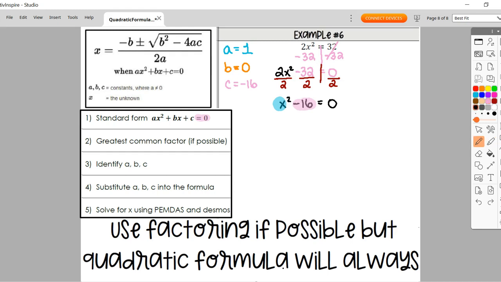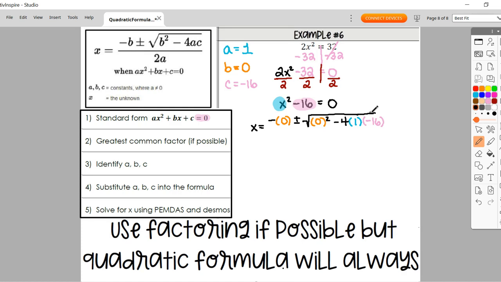We go ahead now and go to our formula, which is x equals a negative b. So that would be a negative parentheses 0 in this case, plus or minus our square root of b squared. Instead of b, we'll replace it with 0 squared. Minus 4 will stay, but then we'll change out a to a parentheses 1 and c to a parentheses negative 16.